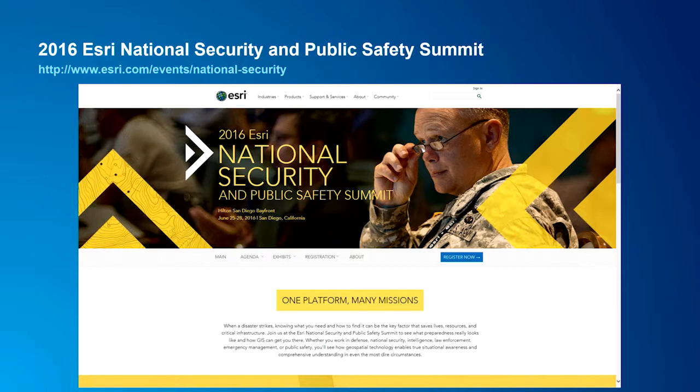So this is not just a defense or an intel focus, but it really is about bringing people together across defense, intel, law enforcement, fire, emergency management, CAD 911, any kind of security apparatus or security organization. There can be a lot of different speakers there. It's going to provide, I think, a great opportunity for people to share ideas, see what's been working, talk to people, and perhaps get some really good ideas on how you can move your own organization forward.